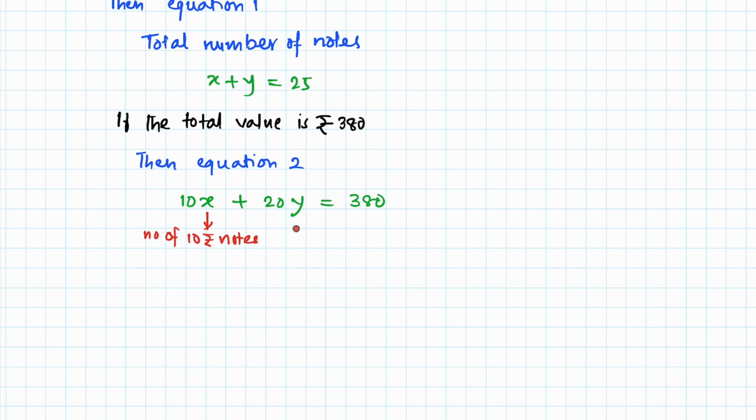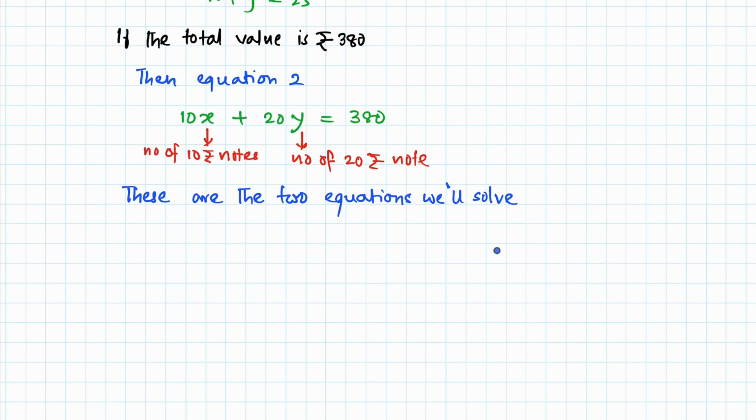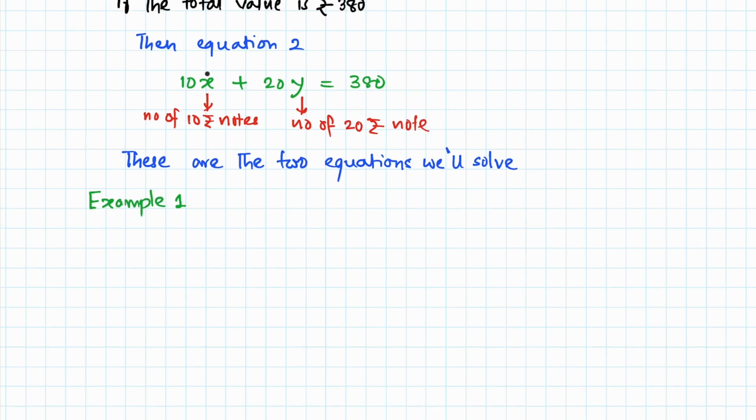X is the number of 10 rupees notes and Y is the number of 20 rupees notes. These are the two very important concepts; we put them into equations and solve them.